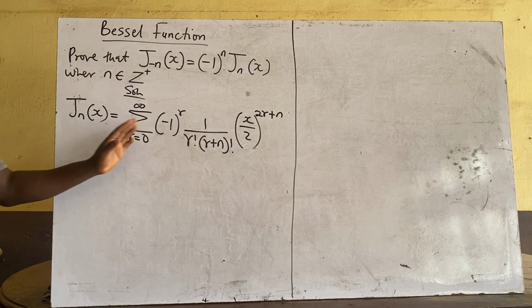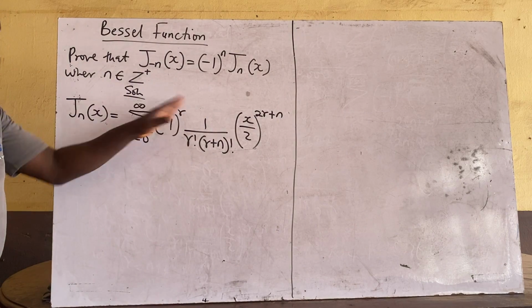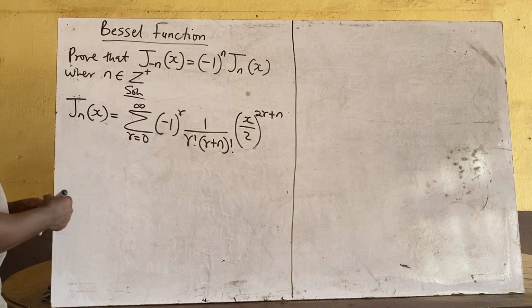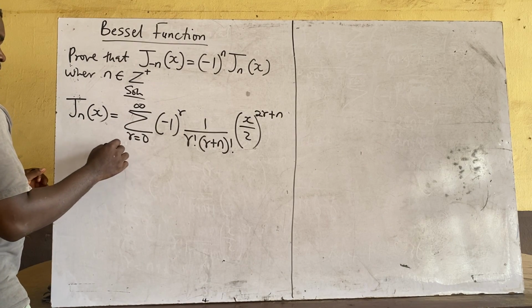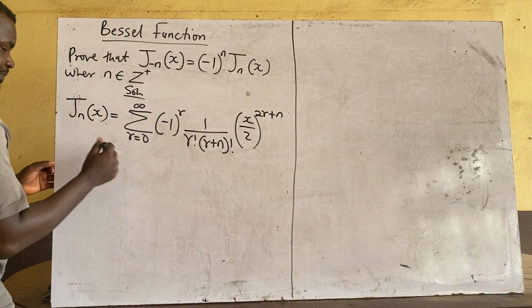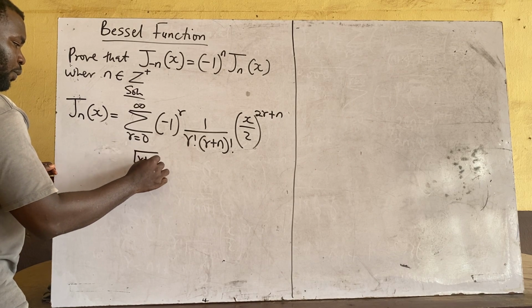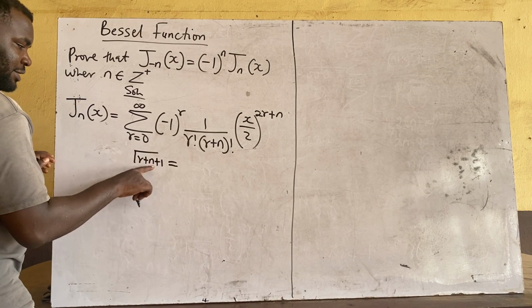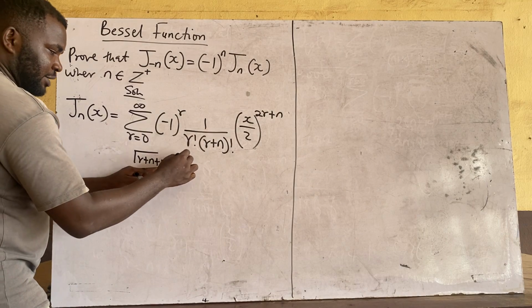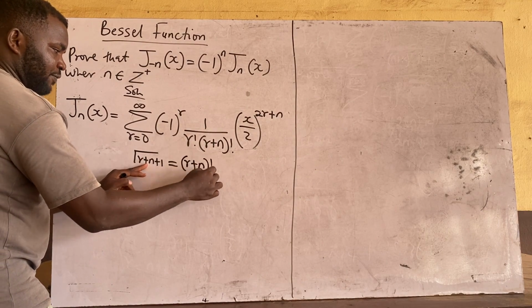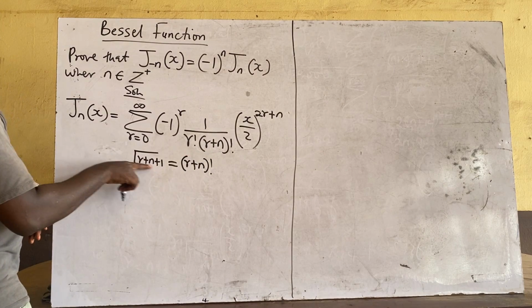That does not mean that is how it is, but if you do it this way, you will remember the formula. You know that this formula looks long. So if you don't do it this way, you will not remember it. So another way you can write this formula is to say that you should remember that the gamma function of r plus n plus 1 is the same thing as r plus n factorial, just remove that 1. So this one can be replaced with this one.